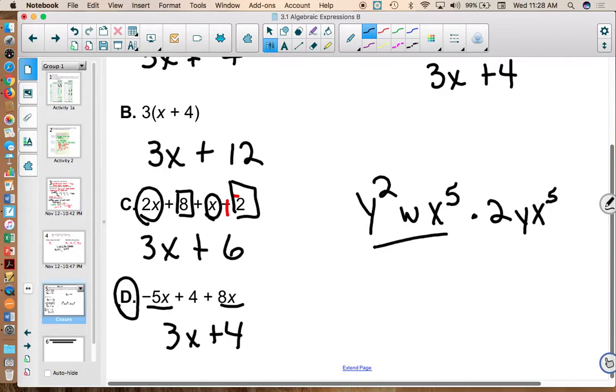and it may even be like this. I'm scared. They're doing things like that and having to simplify it. Well, you've got to know what you can combine. Y squared divided by y squared, they're gone. And I've got a W here and a W there, that's gone. But now I've got x to the 5th and x to the 5th, which is actually x to the 25th.